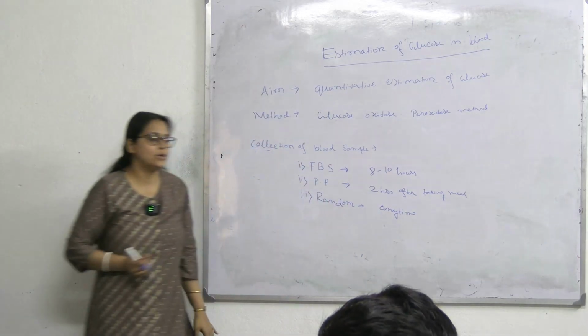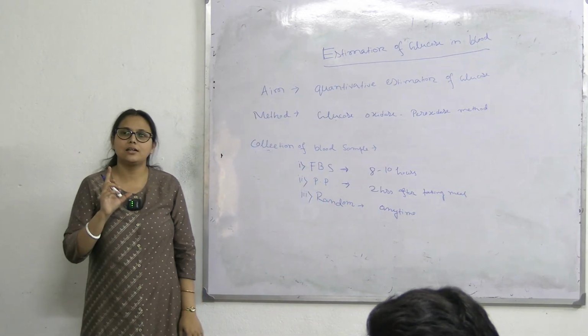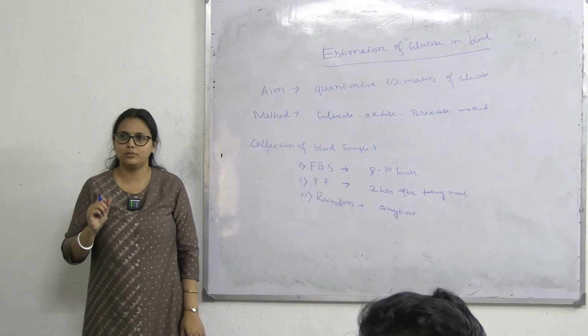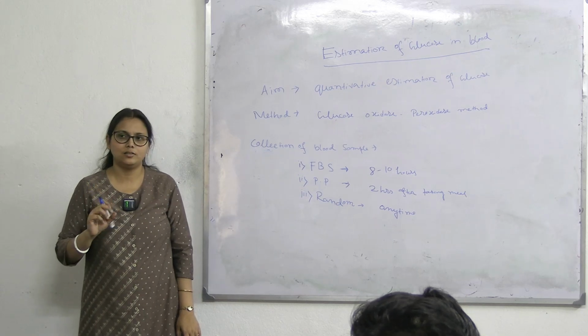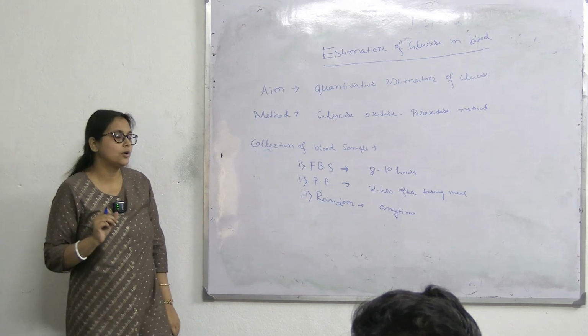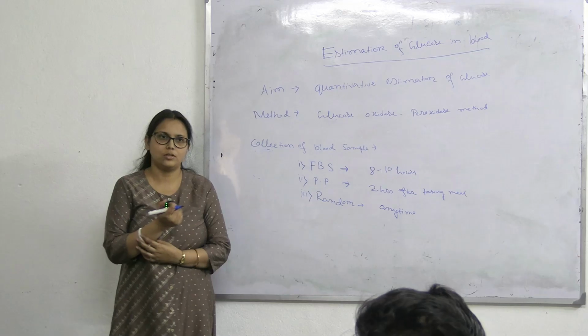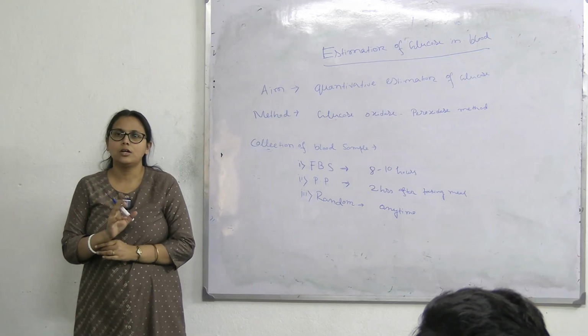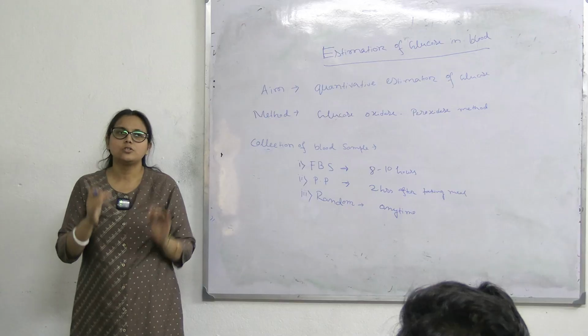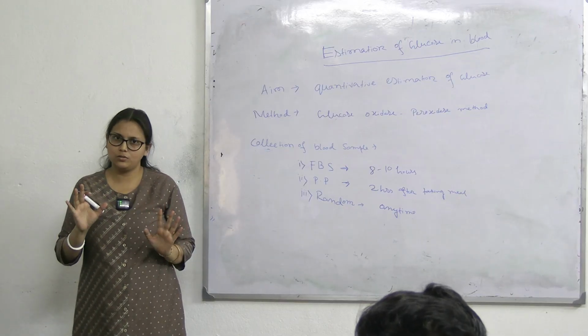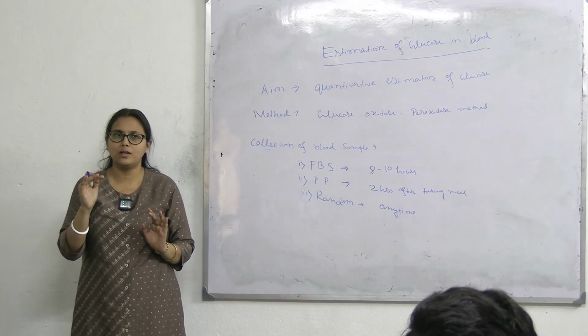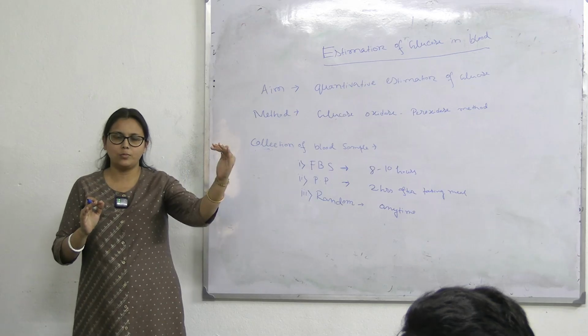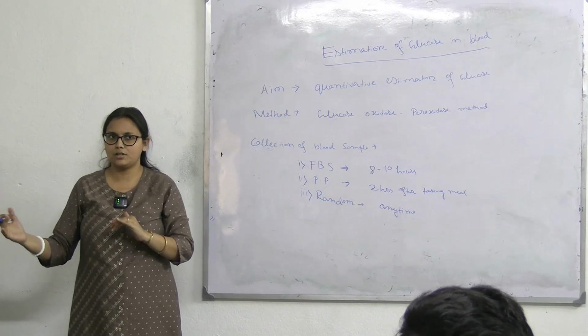And for estimation of sugar, blood is collected in a specific vial. Can you tell me the name of the vial? Fluoride vial. Very good. Fluoride inhibits enolase, so glycolysis will be stopped. So RBC cannot utilize the glucose, and the blood glucose level will be the same at the time of collection of blood and the estimation time.